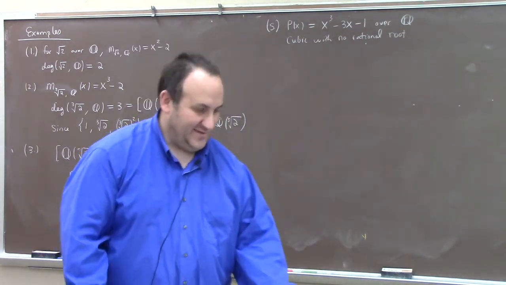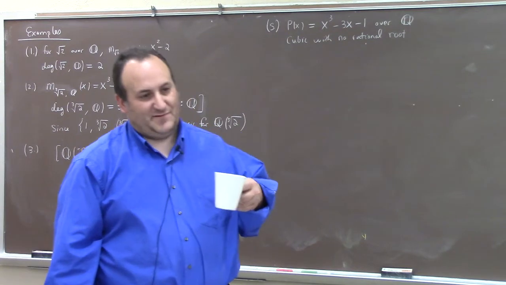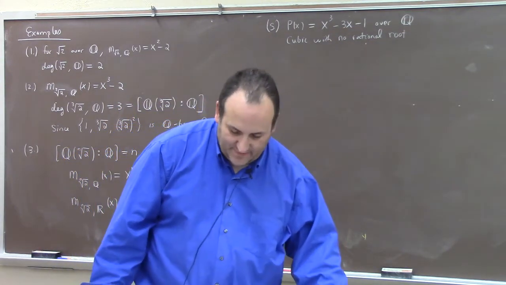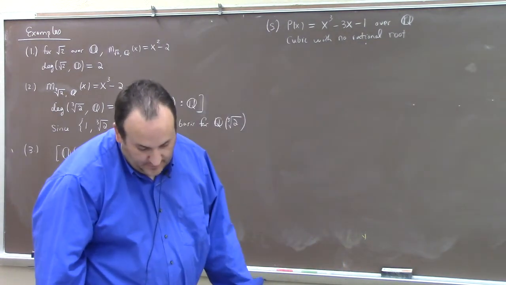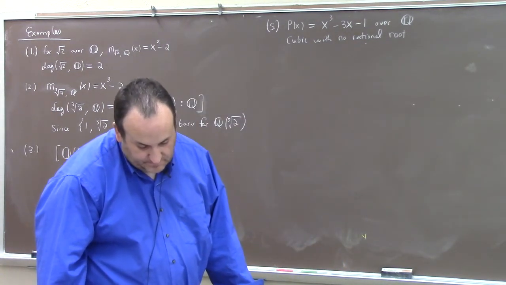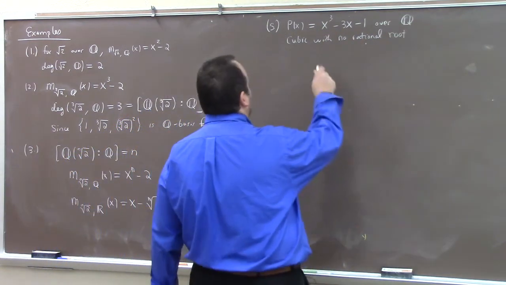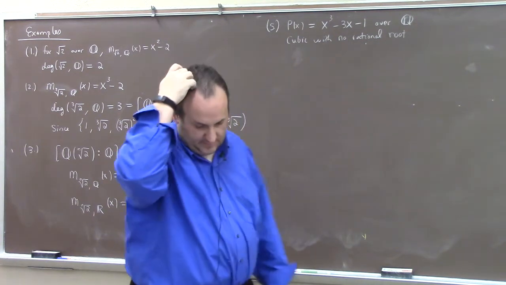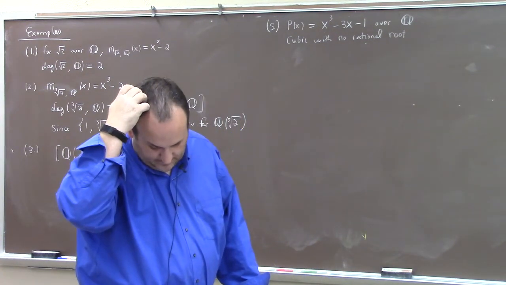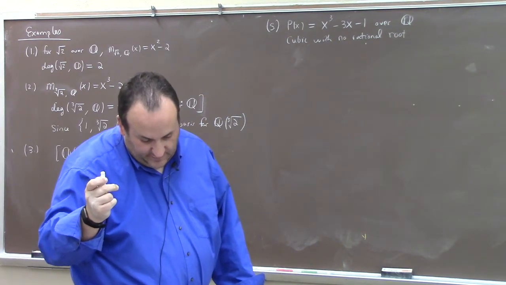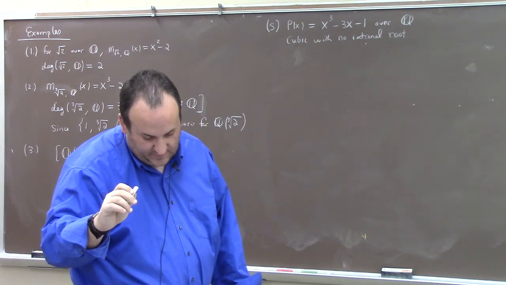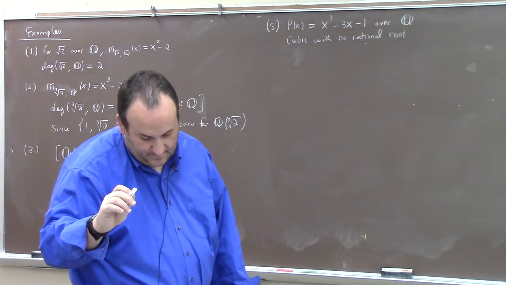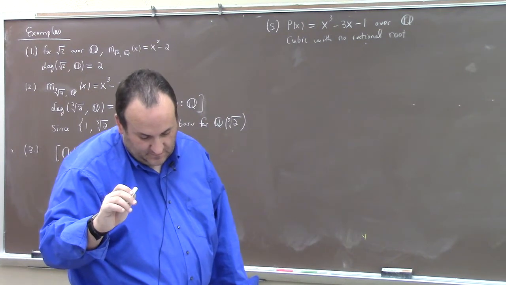Because for there to be a root in the rationals, it's got to be a rational root. Kind of inescapable. So that's irreducible. And so what that shows you is that for any root alpha of p of x, the degree of Q of alpha over Q would be 3.